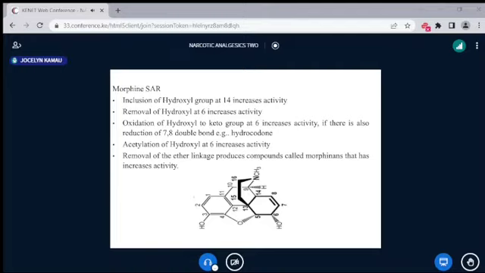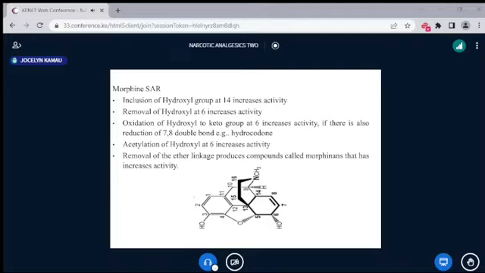Some of the negative effects of morphine, as we said, are that it causes addiction, tolerance, and dependence. So once you have very high analgesic activity, you expect those other negative effects to be on the higher side.